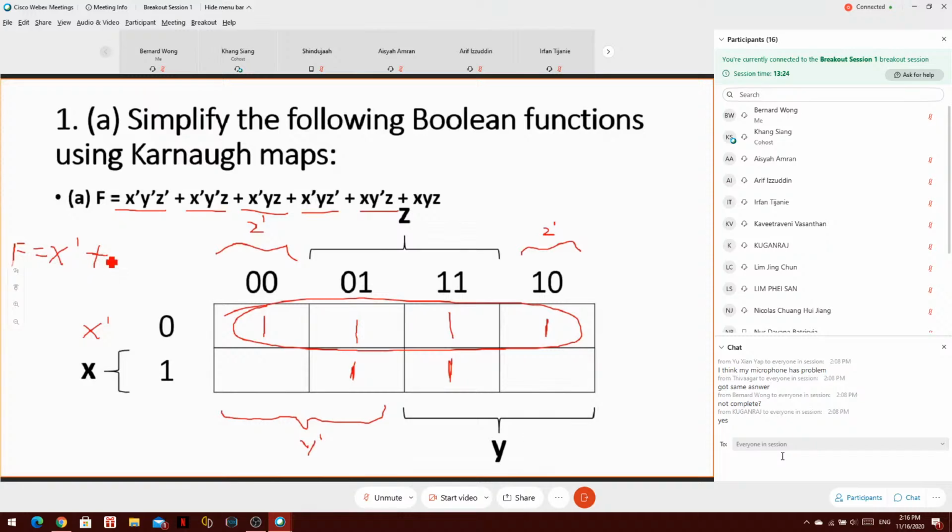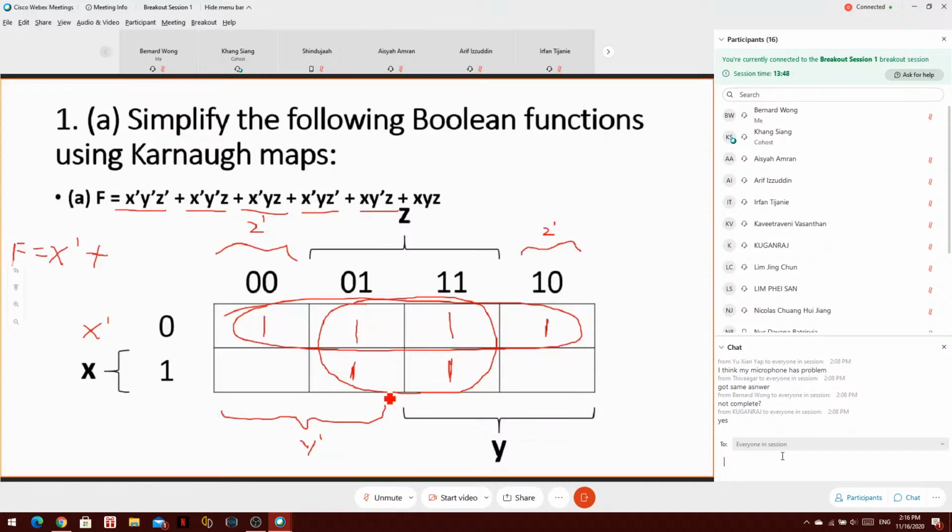Now the second thing you want to do is group again. I think what Yusen did was wrong here. She grouped the wrong thing, but you actually can group the whole thing here. Remember, we group with 2, 4, 6, 8, the largest possible first, then only do the smaller ones.